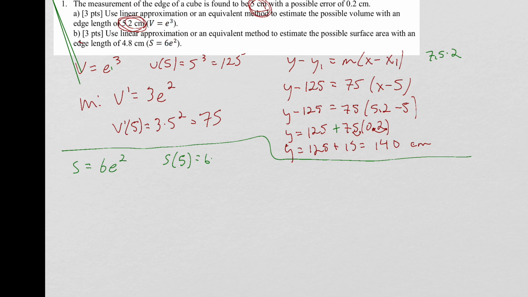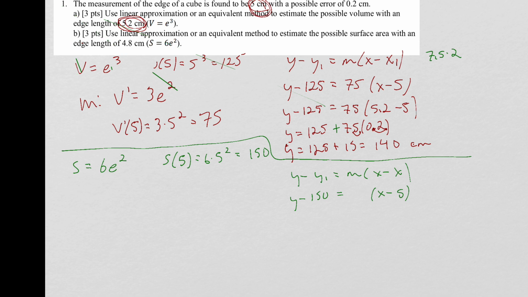So I'm going to find S of 5, which is 6 times 5 squared, which gives me 150. From there, I'm going to write y minus y1 equals m times x minus x1. And I'm going to plug in what I know. So I've got y minus 150 equals blank times x minus 5, because those are the two values that I have there.